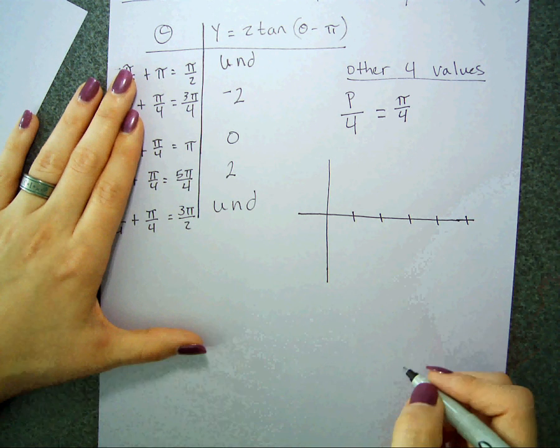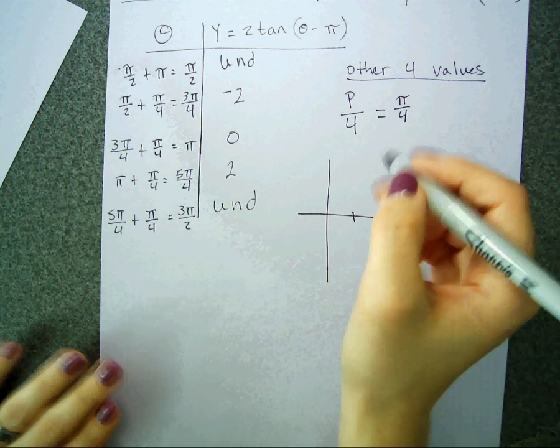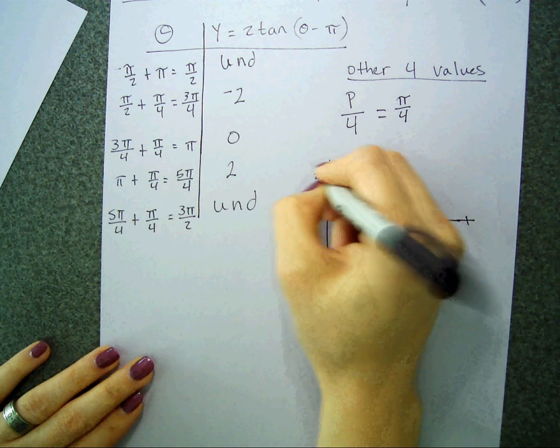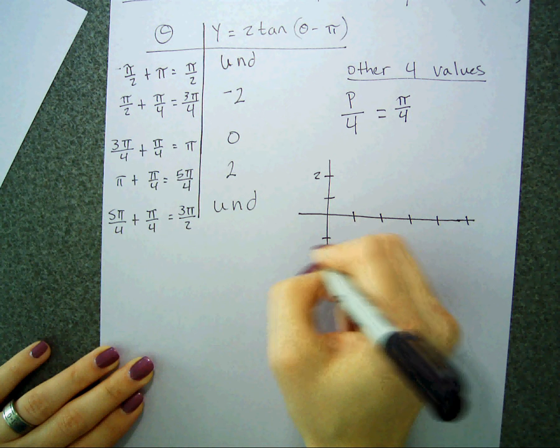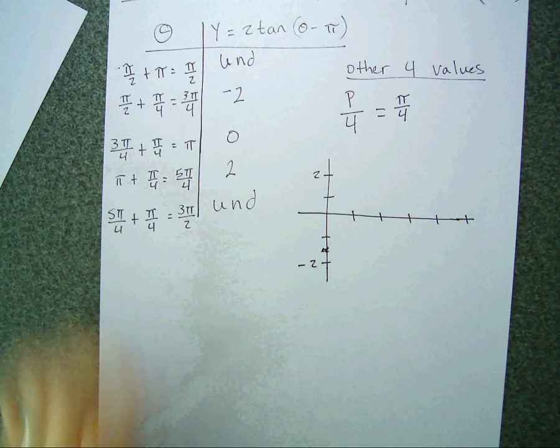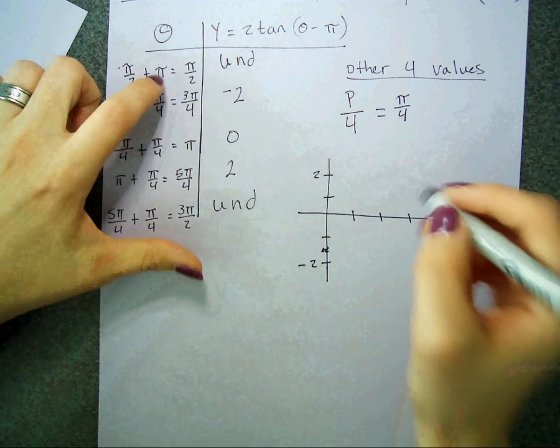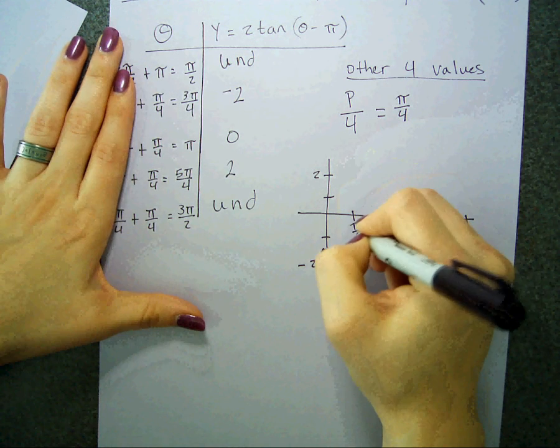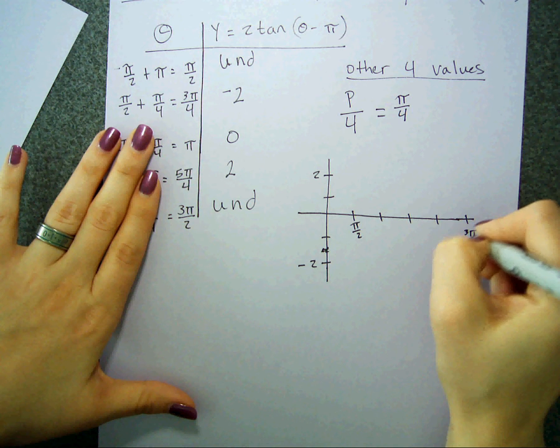I know I'm going all the way up to 2 and all the way down to negative 2. I have vertical asymptotes at pi over 2 and at 3 pi over 2. I'll go ahead and put those in.